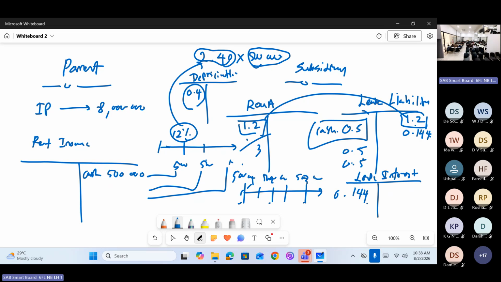After that, this interest, right? Lease interest. Debit here, credit here. It's operating lease interest. Debit here, credit here.